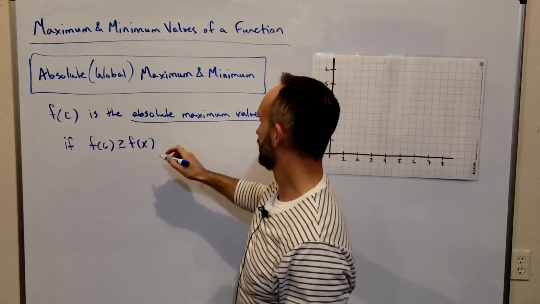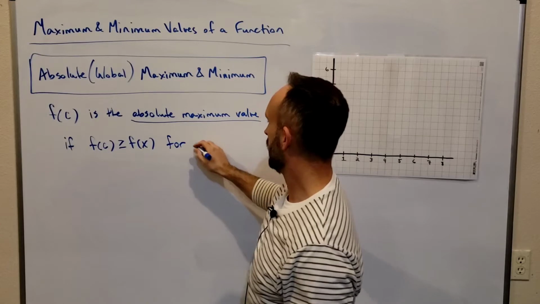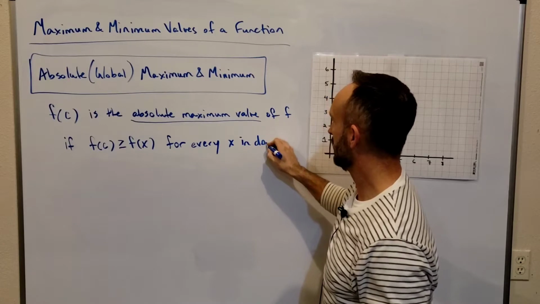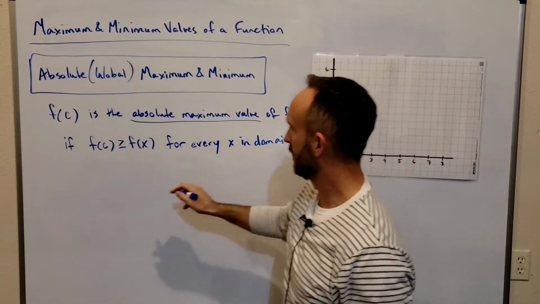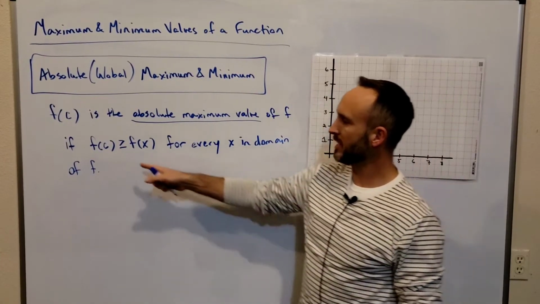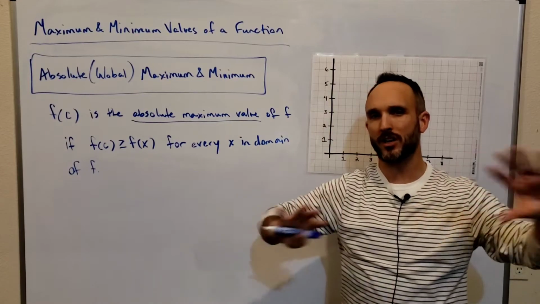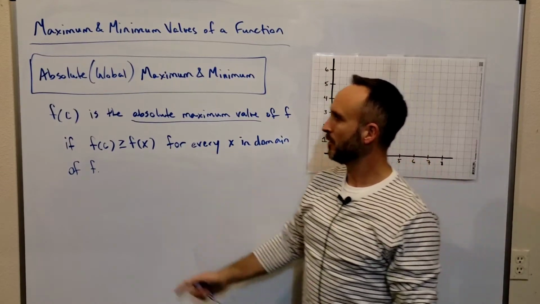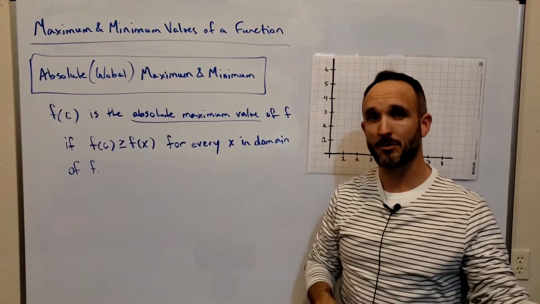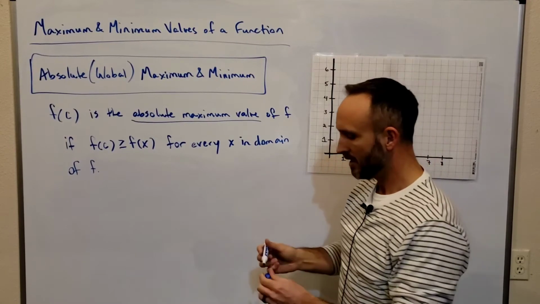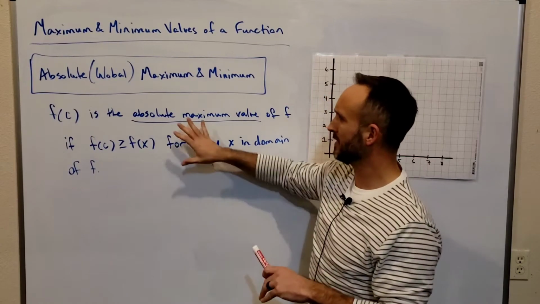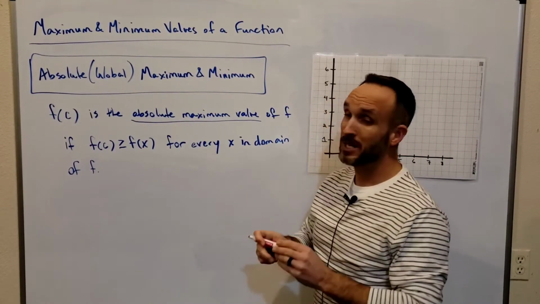In other words, for every x in the domain of f. So if this particular output is bigger than or equal to all the other outputs of this function, then we call this output f of c the absolute maximum value or the global maximum value of the function. Okay? Now you can imagine that with a couple small changes, we can make this the definition of absolute minimum value.